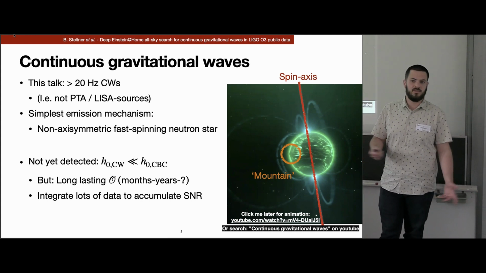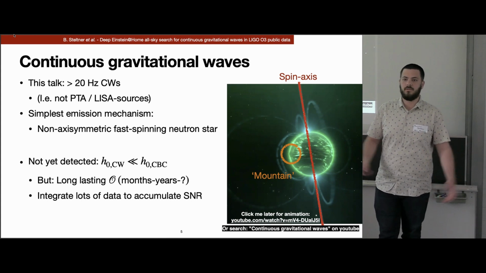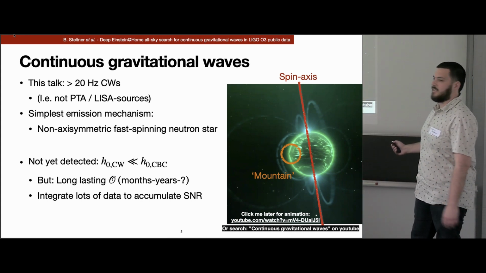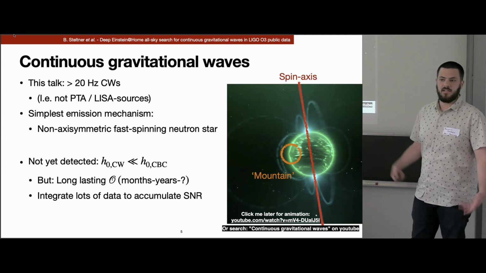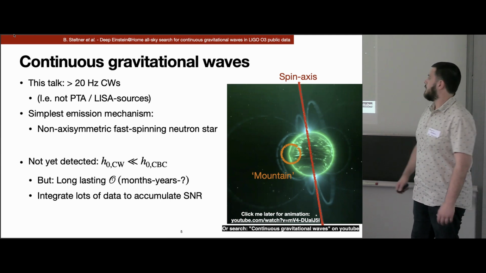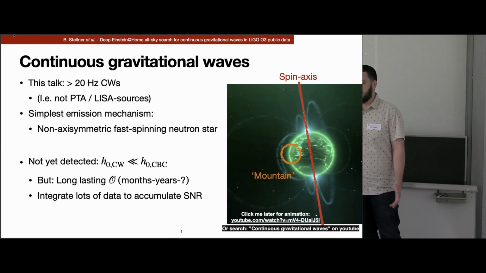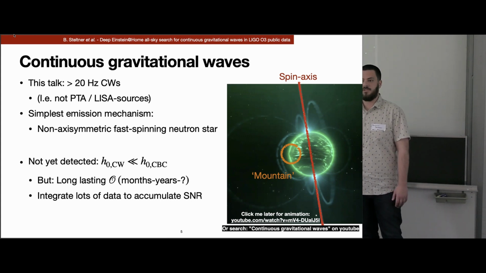However, compared to the CBC events, they are long-lasting, on the order of months to years to whatever, as long as this mass asymmetry is sustained and the neutron star keeps spinning. So to make up for that, we can integrate lots of data to accumulate the necessary signal-to-noise ratio.